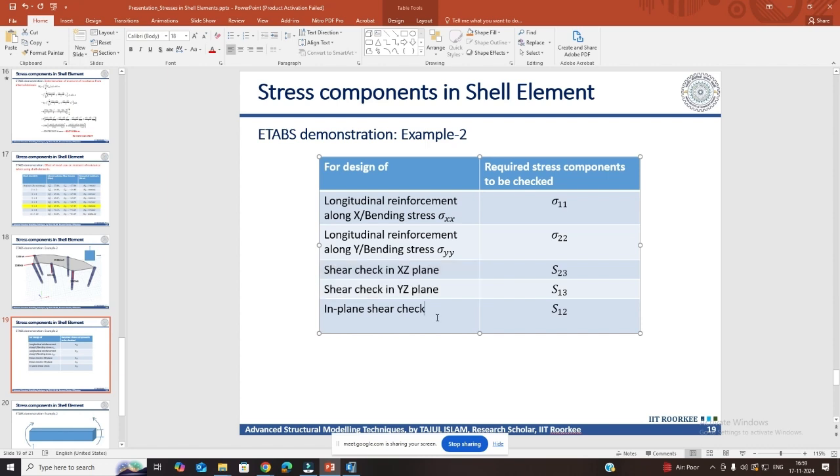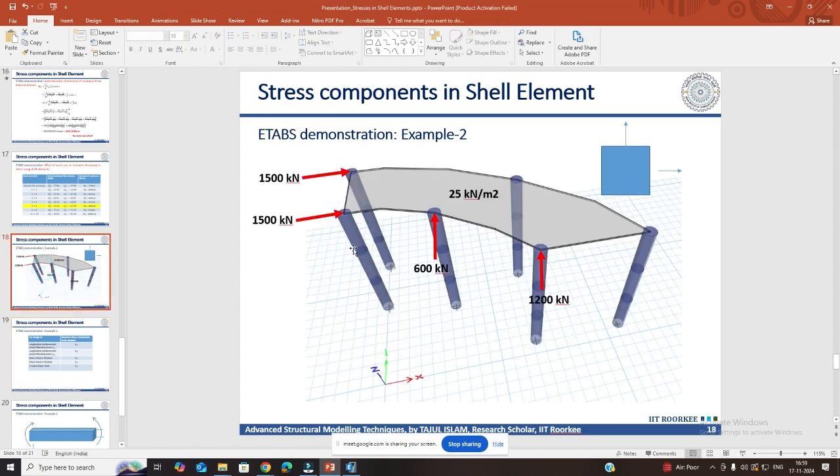In plane generally we ignore, either it is bridge or any kind of structure, because in plane rigidity is much higher. So you have to understand which direction which component should be checked. If you understand this one, definitely your analysis is going to be reliable, otherwise you have to be careful.